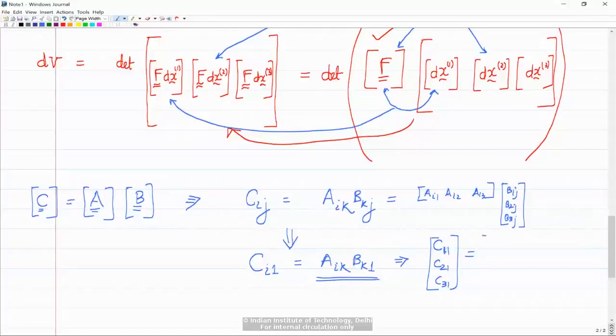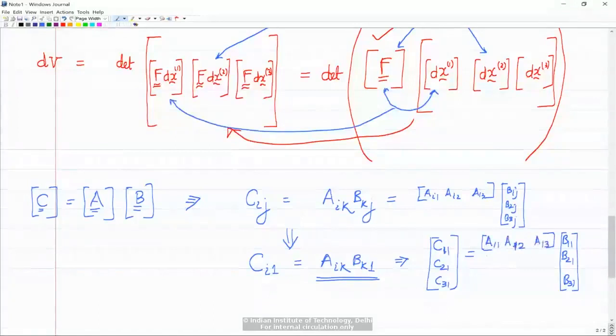Take the first row of A and multiply with the first column of B. Then C21 is the second row of A, right?